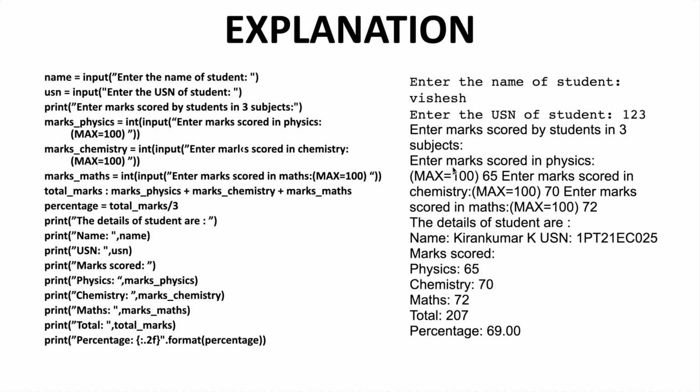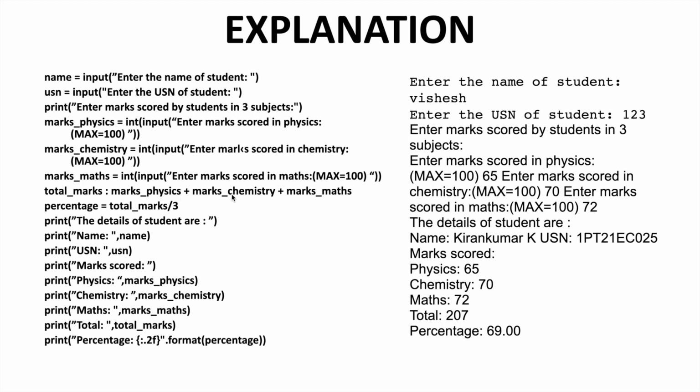Now what it will do: for a maximum of 100 marks, it's going to accept the marks for all the three subjects. Once it accepts the marks of three subjects, you are going to find the total marks, because to find the percentage I need the total marks. Very simple. To calculate the total marks, you add all the marks of the three subjects.